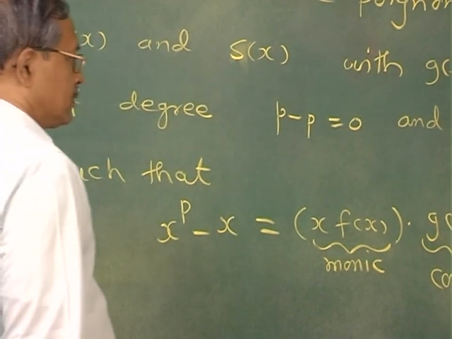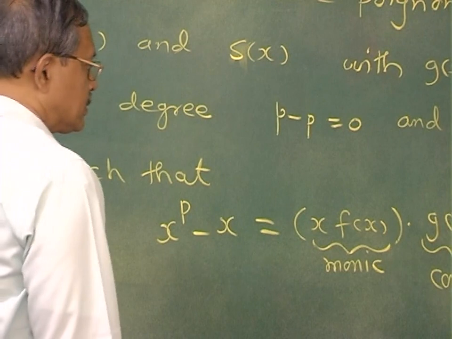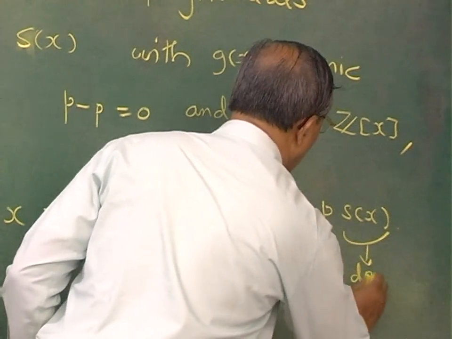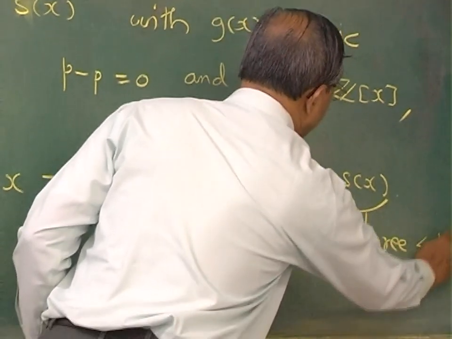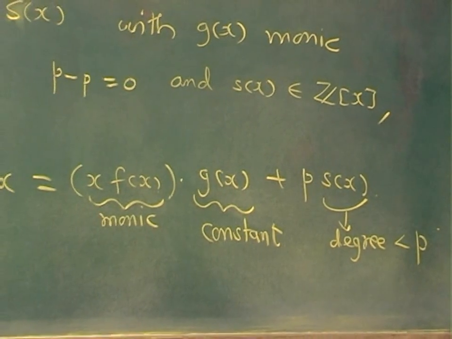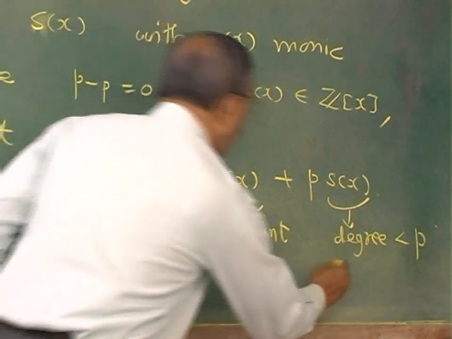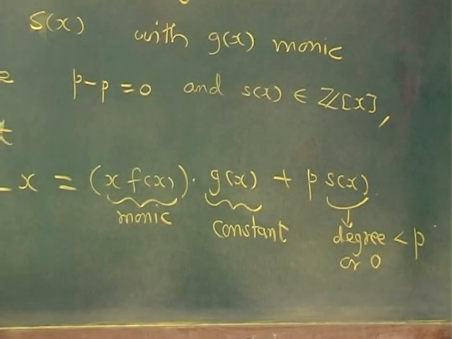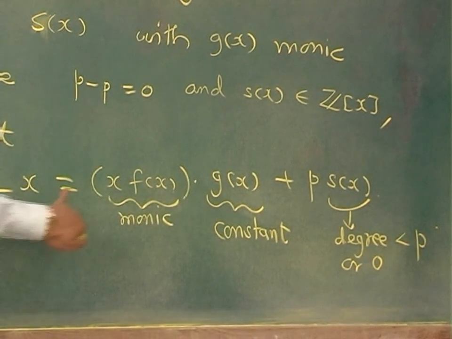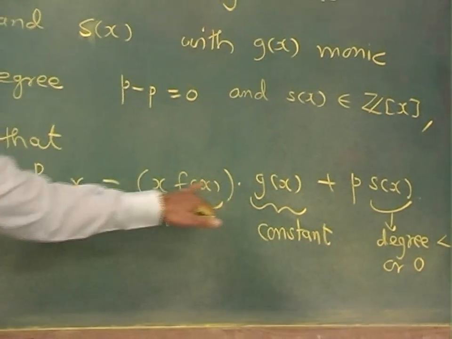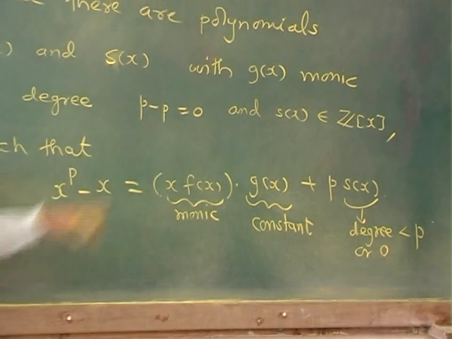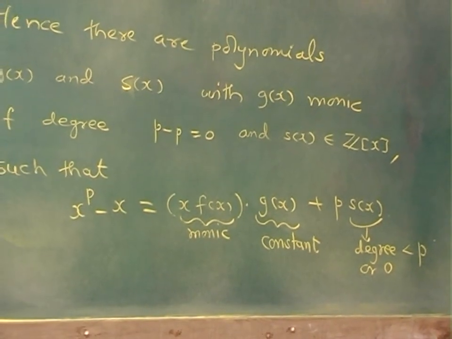And s(x) is of degree less than p, that is, less than the degree of x f(x), or it is 0. So if you compare the coefficients of x^p on both the sides, you will see that here the coefficient of x^p is 1, this is constant, and here the coefficient is 1. So comparing coefficients of x^p on both sides, we see that g(x) equals 1.